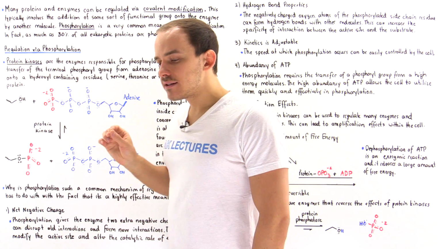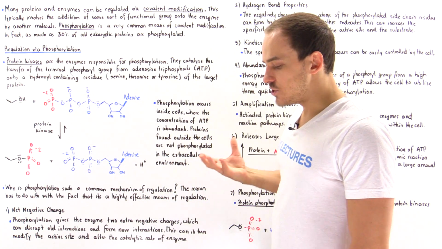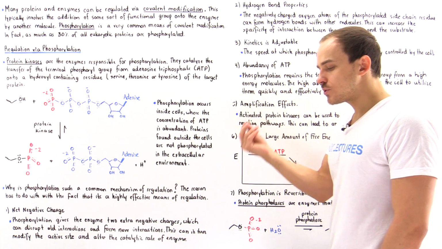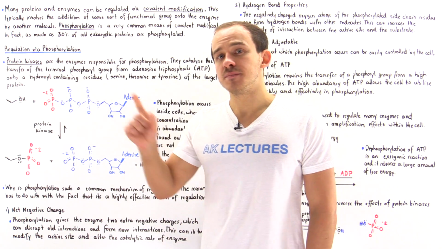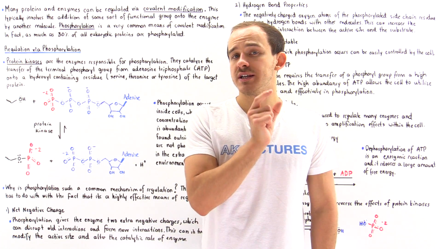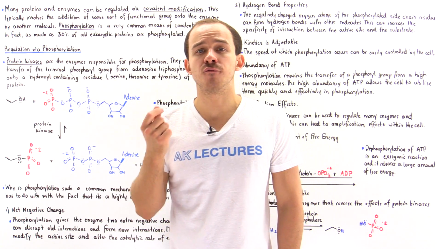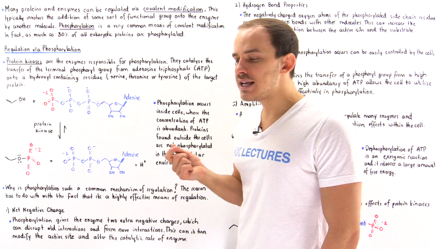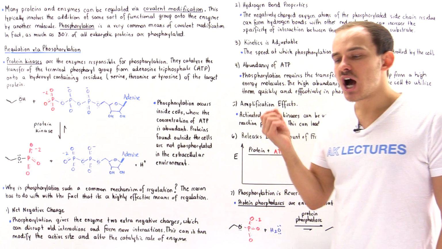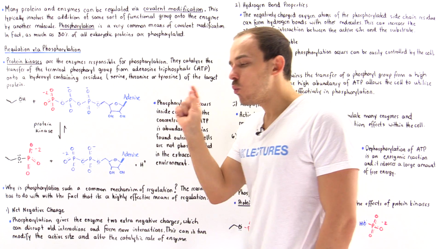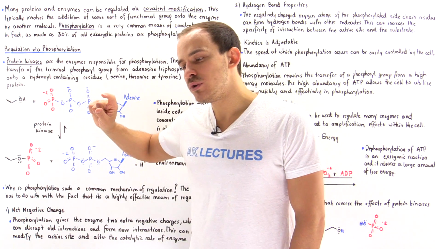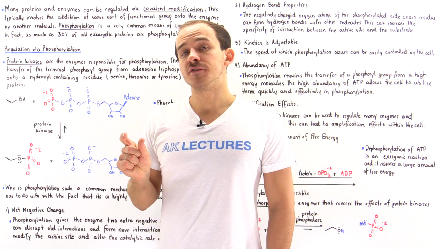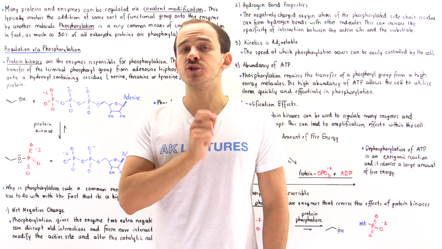Now, what exactly does the process of phosphorylation entail? Well, in this process, that functional group that we transfer from some molecule onto that target enzyme or protein is the phosphoryl group. Now, the question is, what is the source of this phosphoryl group? What is that molecule that exists inside our cells that we can detach the phosphoryl group from and attach onto that protein?